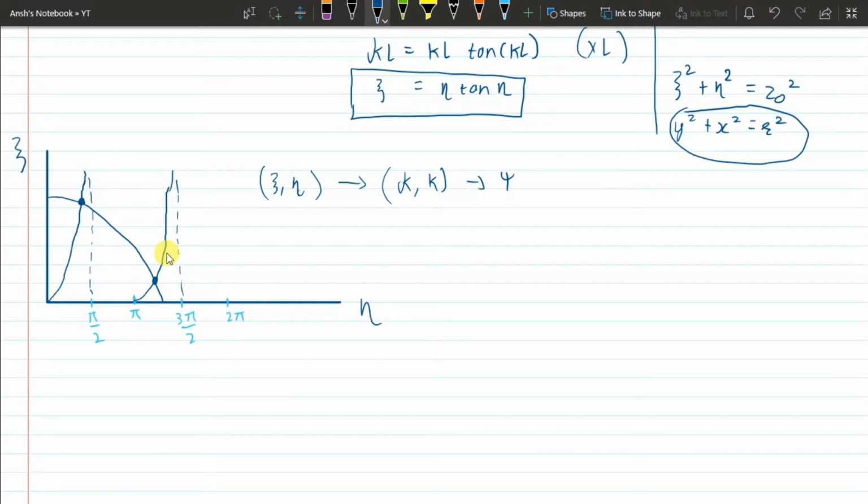So an interesting feature that should be noted here: say if our z naught is very small, hence our circle will be very small. So say we have a small z naught and we have a circle of this sort, and then we'll have only one solution. So the first intersection point corresponds to the deepest bound state, and you can see that the number of even bound states depends on how big our z naught is.